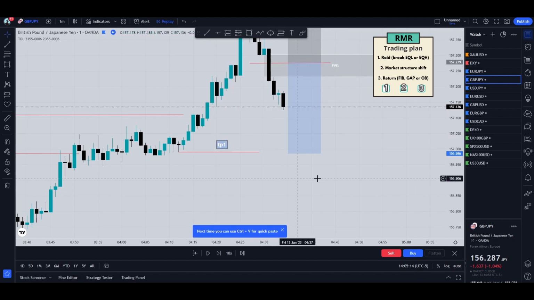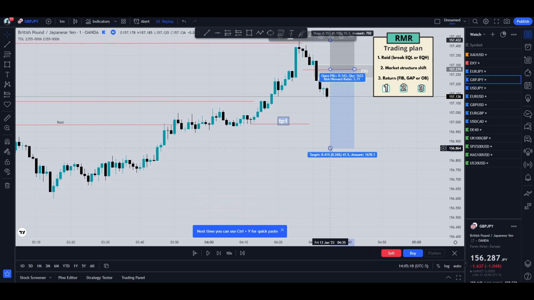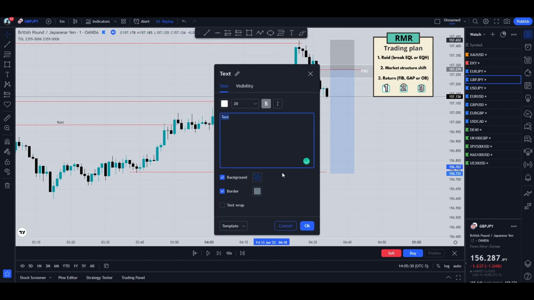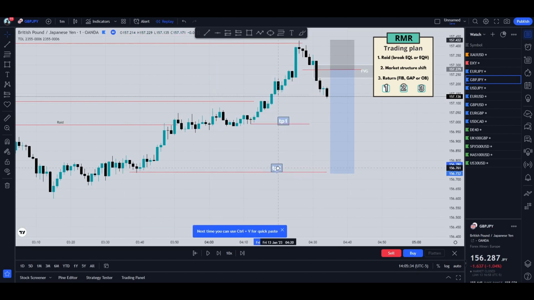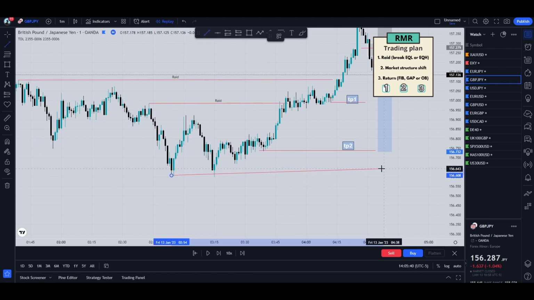TP1. And we could also drag it a bit more down and say this could be our take profit 2, right around here. And our take profit 3 could be at the lows of these two, so let's mark them.